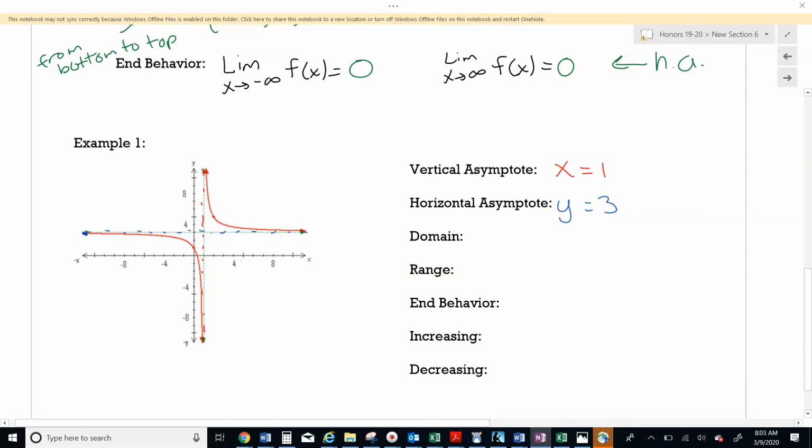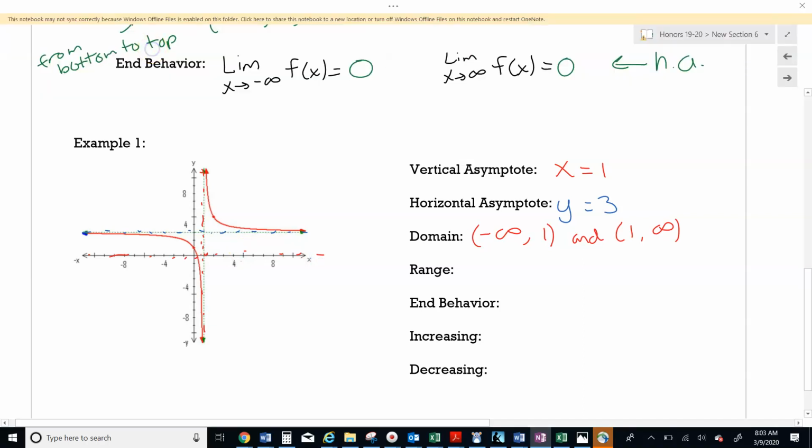So then my domain, the only thing interrupting my domain is this one vertical asymptote. So for my domain, I'm going to go from negative infinity until I get to this 1. I have to stop and then restart and keep going. Right? I just can't be right here. I have to get over that and keep moving on.